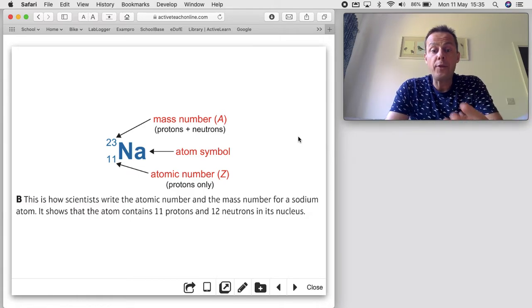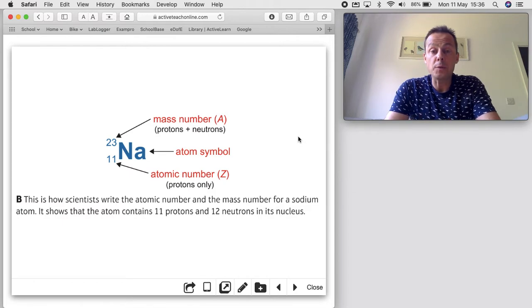So far, out of the three things that we need to be able to talk about, which is protons, electrons, and neutrons, we can say sodium has 11 protons. We can say it has 11 electrons, but now we need to be able to work out how many neutrons there are. So this is where we use the mass number. The mass number refers to the mass of the atom.